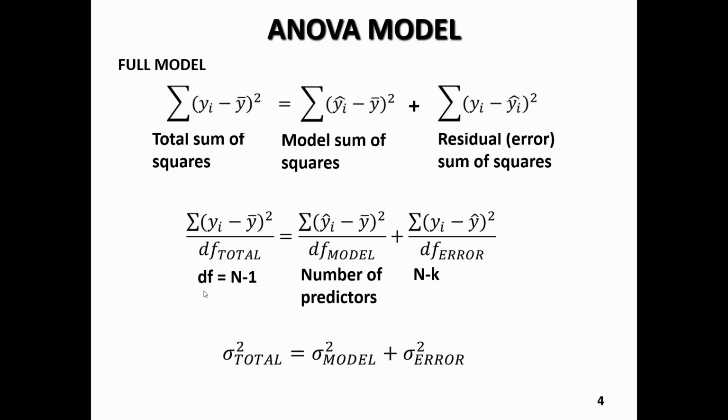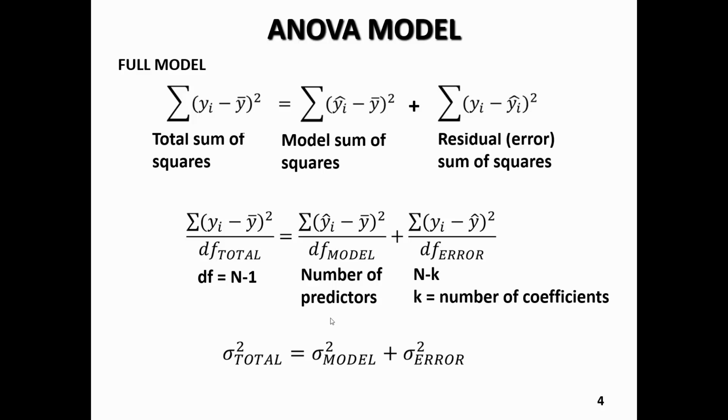The degrees of freedom for the total is simply the sample size minus 1. The degrees of freedom for the model is the number of predictors, and this value would be 1 in a single predictor model. And then for the error it's n minus k, where k is the number of coefficients, and that would be 2 if we have a single predictor model.